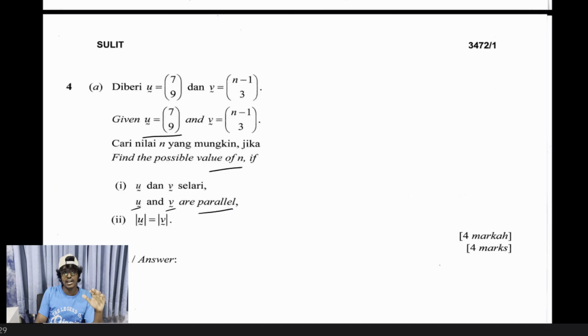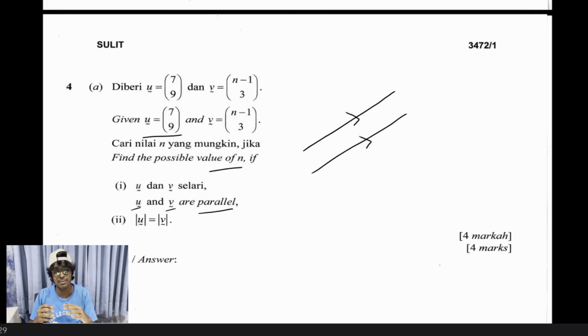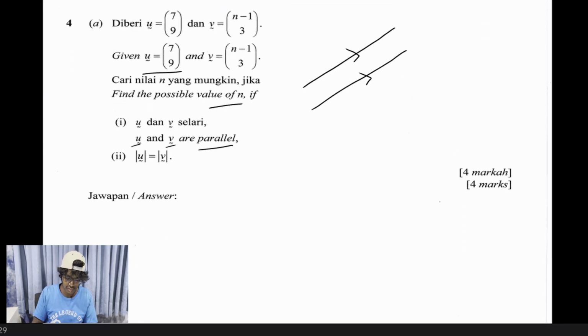What does parallel mean? Let's go back to straight line equations. Parallel means they have the same gradient, right? Meaning the lines look like this. Well, in vectors, it's the exact same thing. They kind of have the same gradient. But when it comes to vectors, we write it down like this.